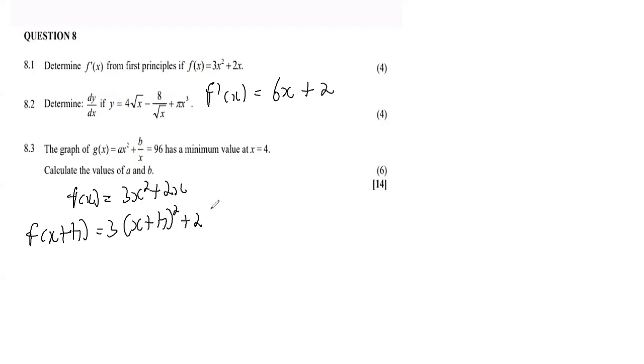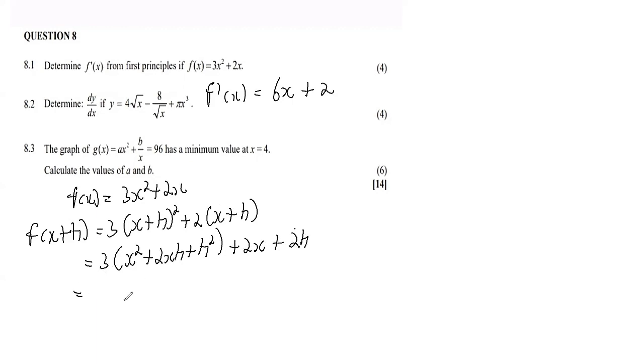Now, expanding this, it is x squared plus 2xh plus h squared. And then here we will have 2x and then plus 2h, right? So if we multiply with the 3 inside, that's 3x squared plus 6xh plus 3h squared plus 2x plus 2h.